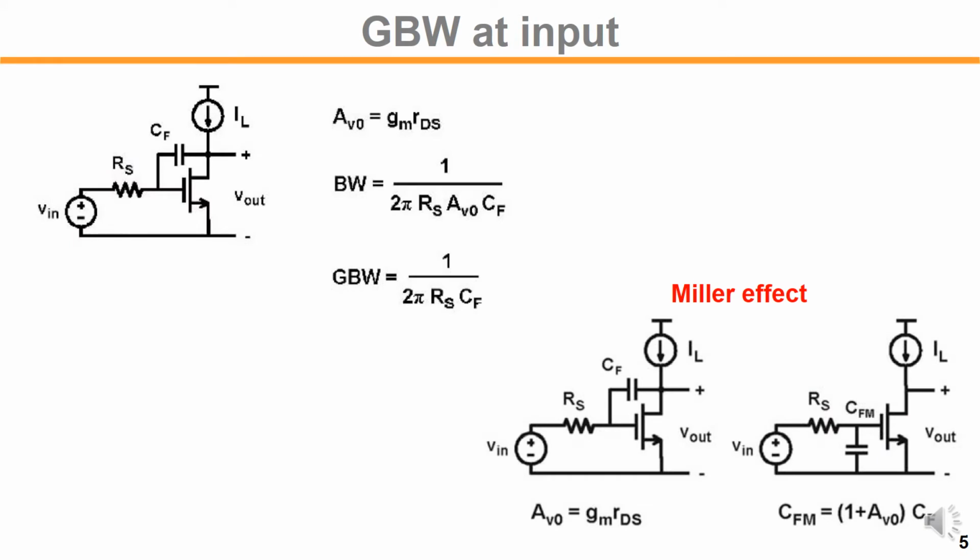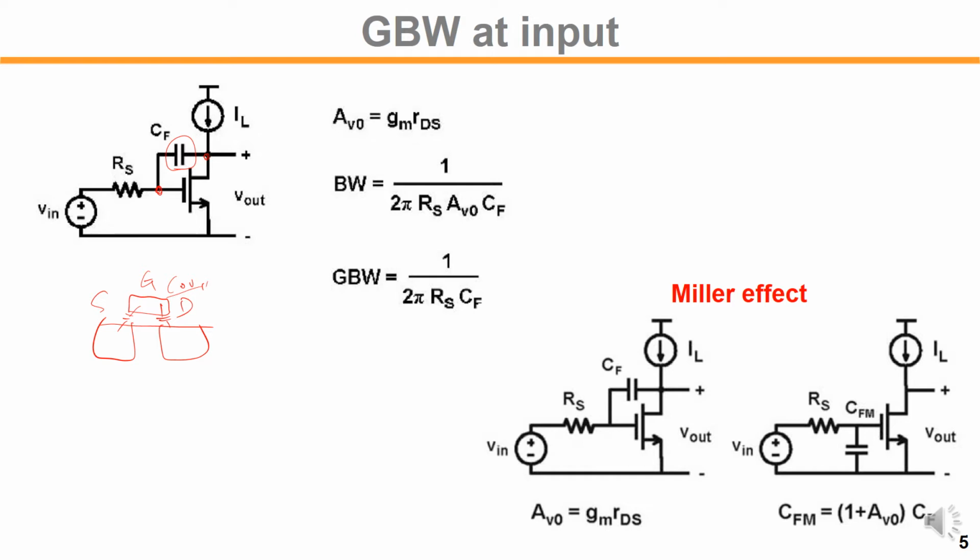At the input side, not only the CGS, there's also the CF between gate and drain. There is parasitic capacitance CF there. If you remember, there's some overlap capacitance between gate and drain, right? So COV. There is always finite capacitance.